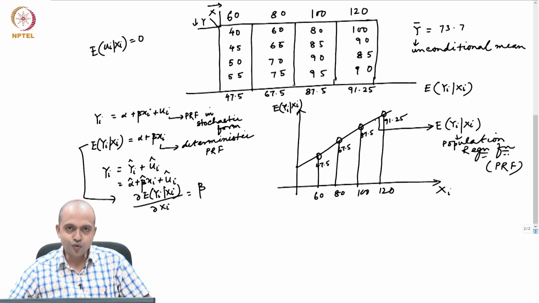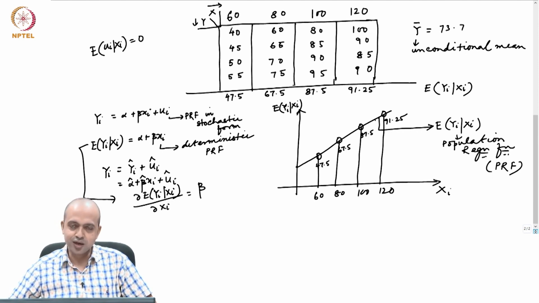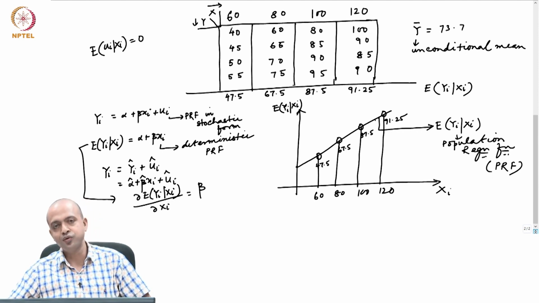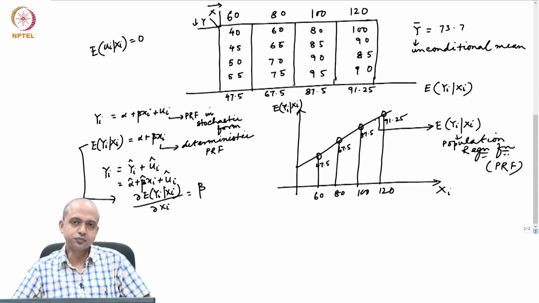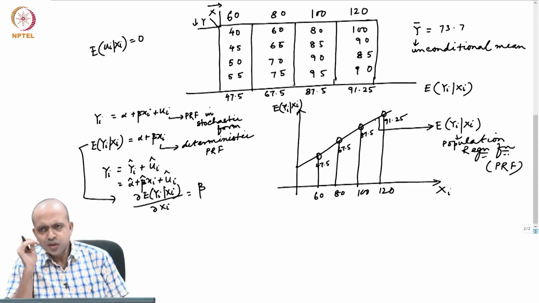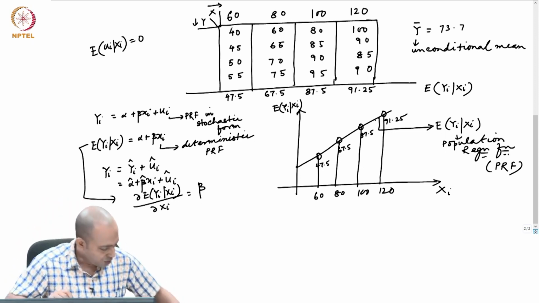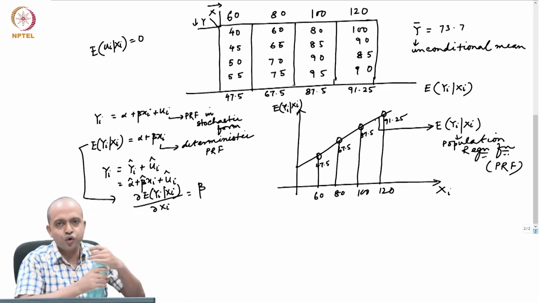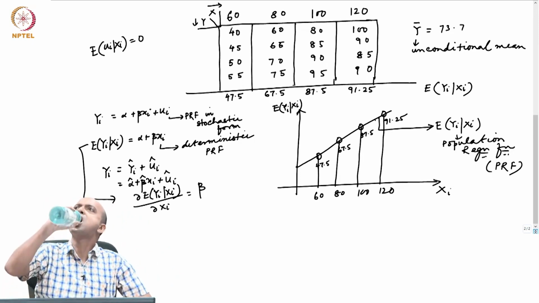So, first we take the conditional mean, the expectation of yi given xi, which becomes alpha plus beta xi, and if you differentiate that, it gives you the beta value.